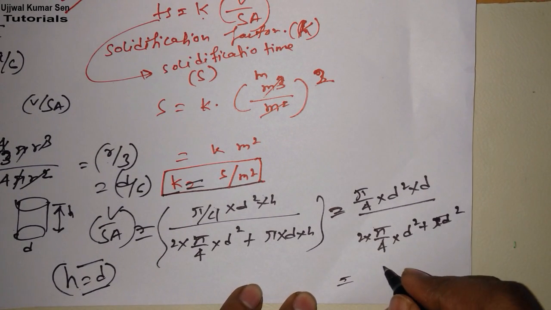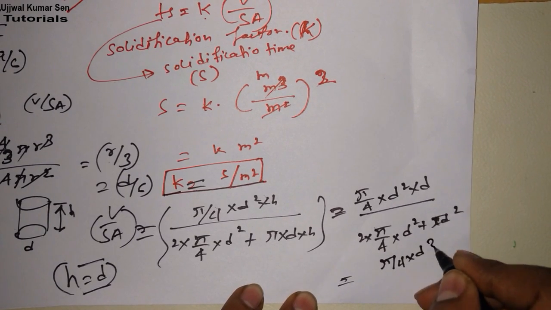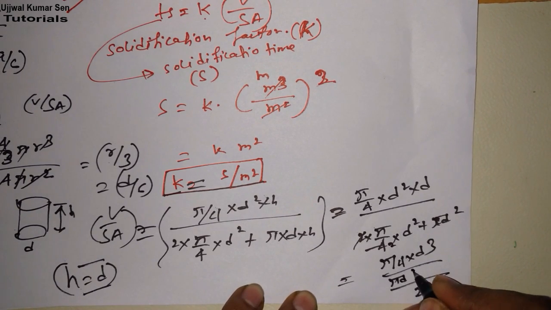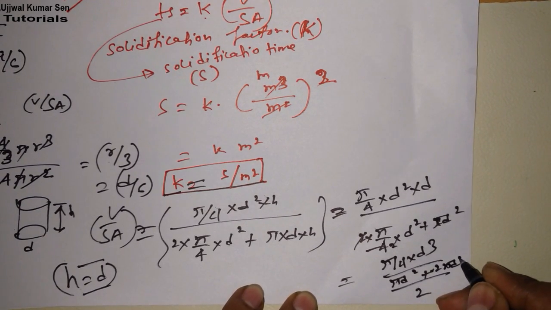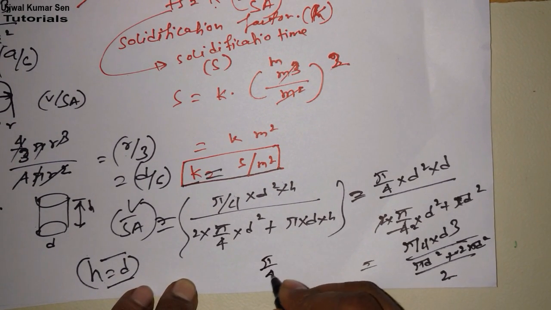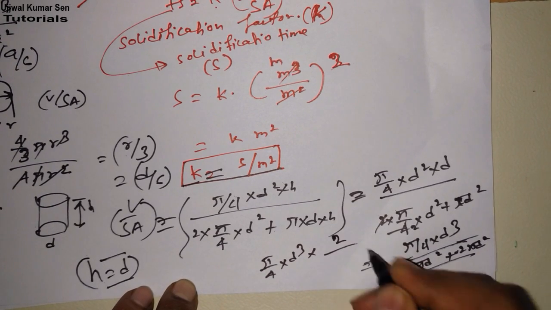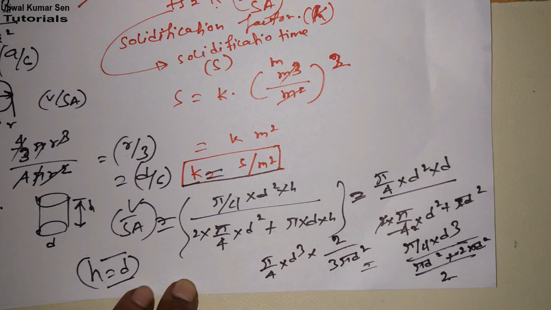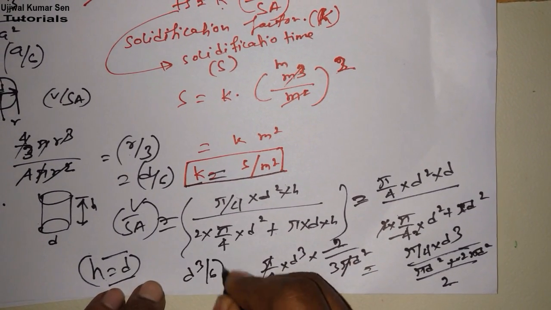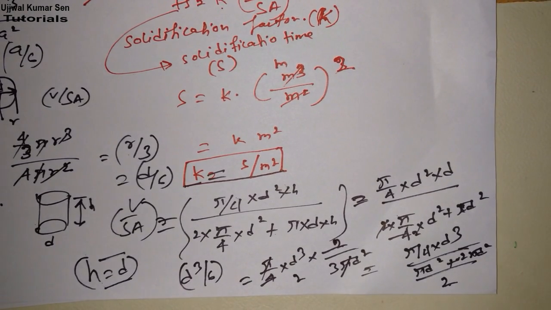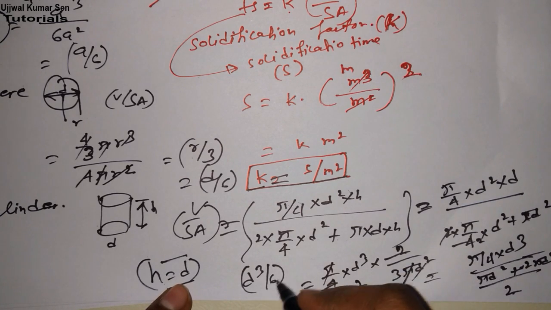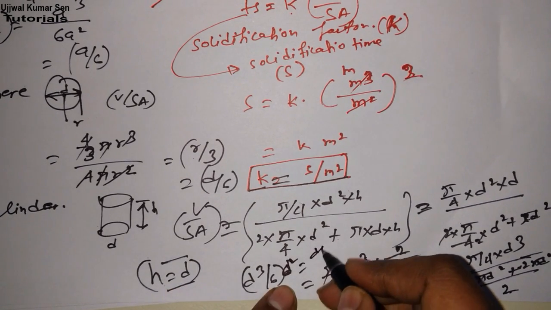So pi by 4 into d cube over 2 pi d square by 4 plus pi d square, which is 3 pi d square by 2. Pi gets cancelled, and the remaining would be d cube by 6d square, so d by 6.